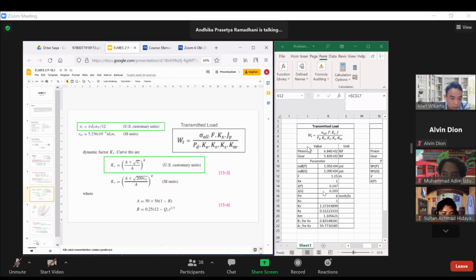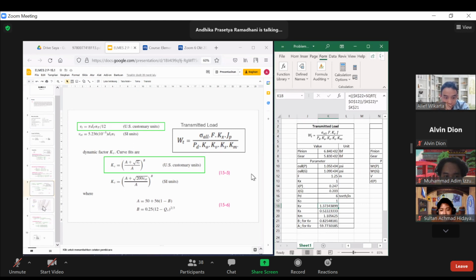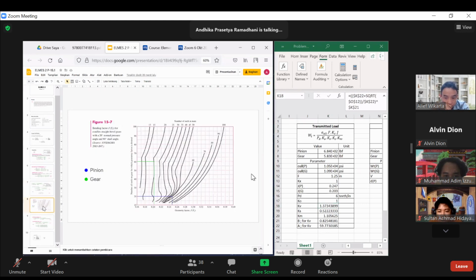So KV, we can get this value from this formulation. KV is done.